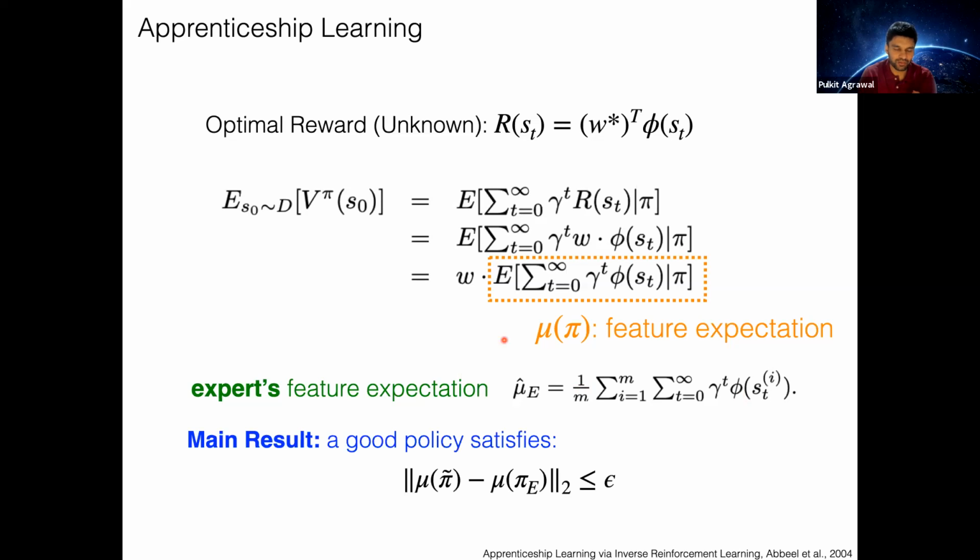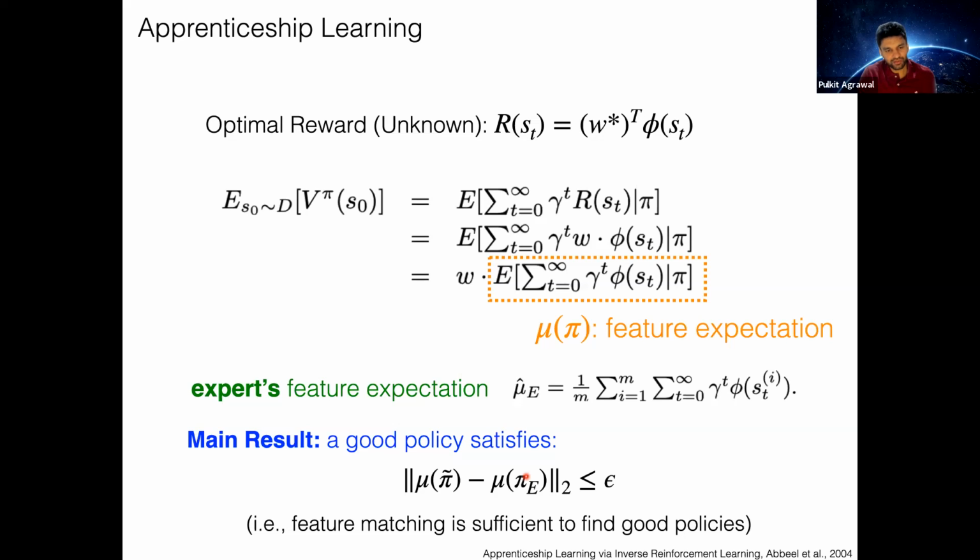And one claim we are going to make is that in this linear case, I can just find a good policy by satisfying the following condition: that the policy which I'm trying to find, pi tilde, its feature expectation should be close to the expert's feature expectation. That is, feature matching is sufficient to find good policies.